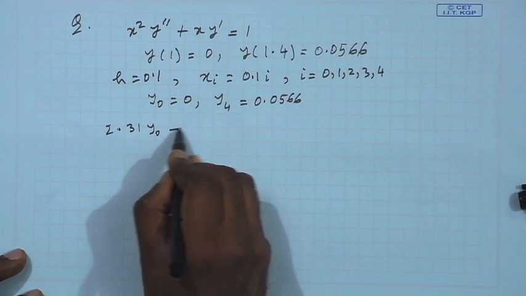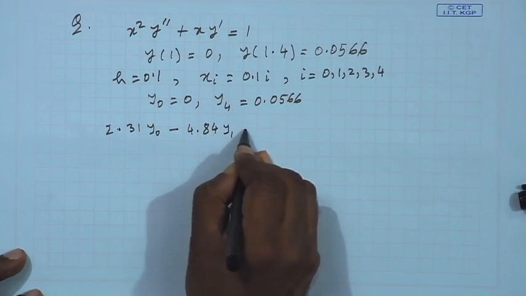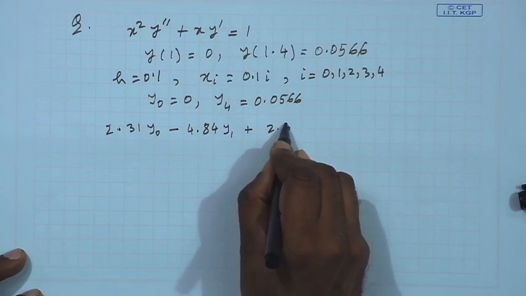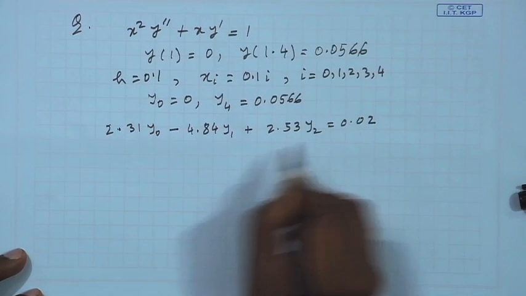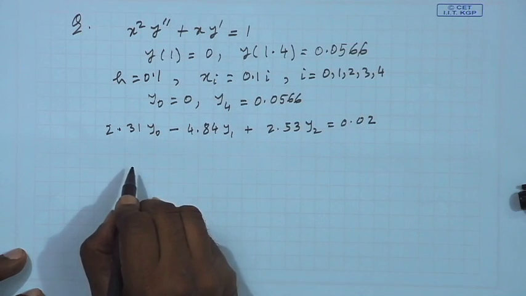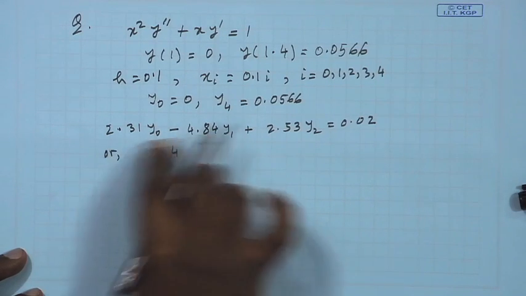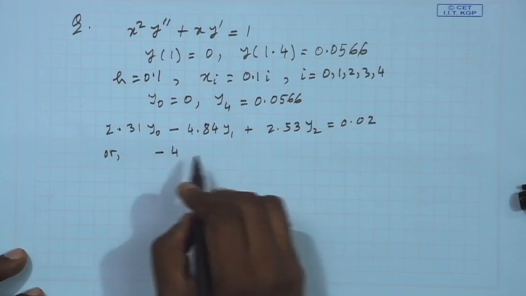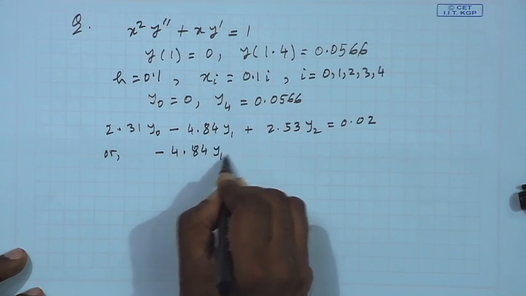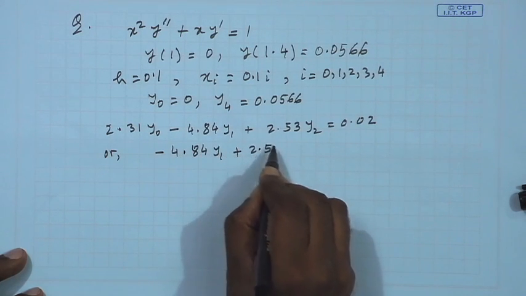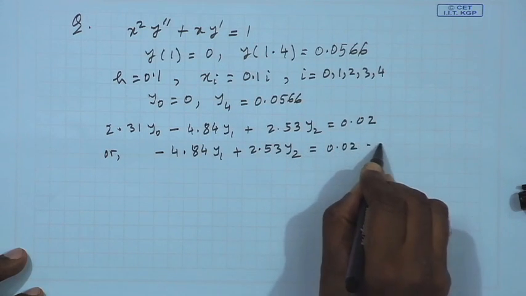2.31 y0 minus 4.84 y1 plus 2.53 y2 equal to 0.02. Because y0 is given to be 0, you can transfer to the other side: minus 4.84 y1 plus 2.53 y2 equal to 0.02.